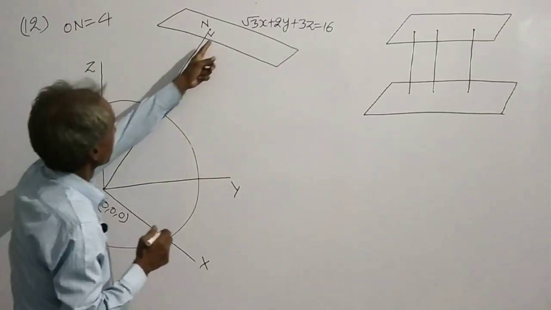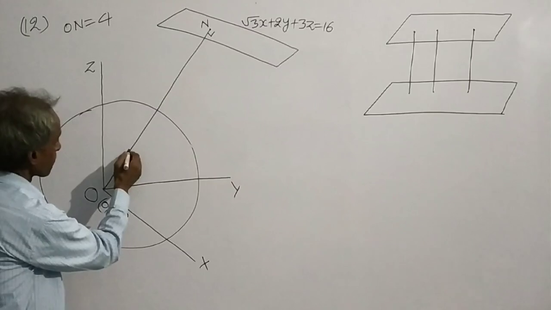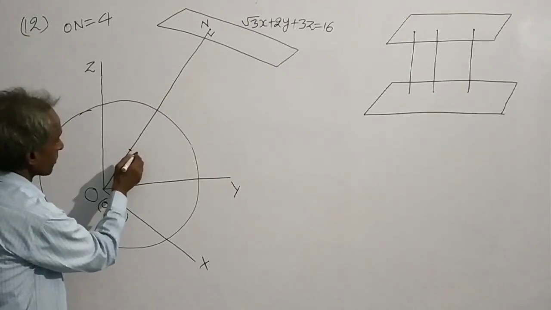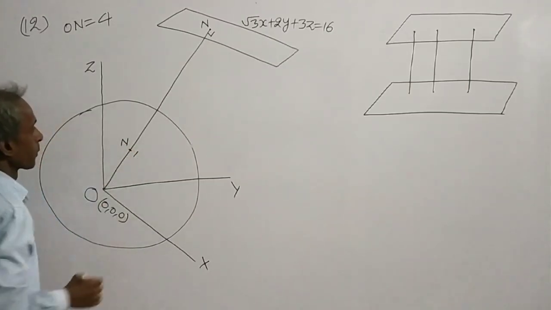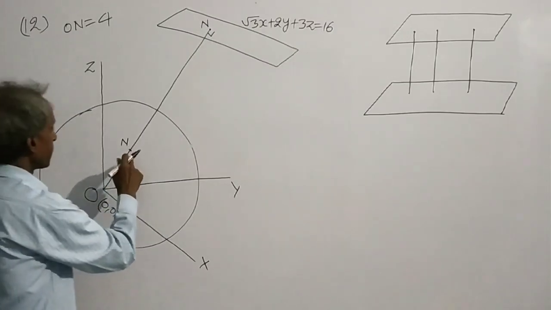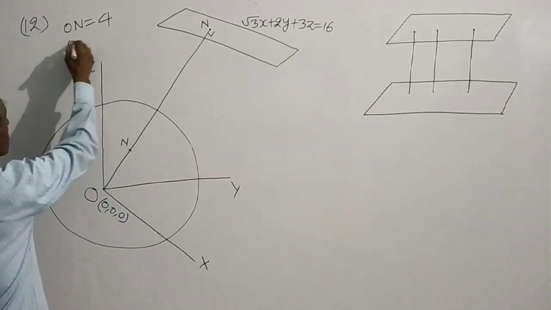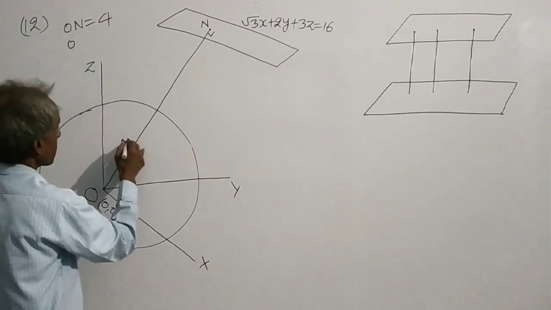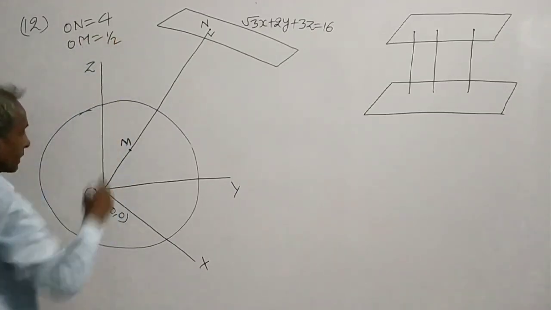Since ON is 4 units, we take a point, not N but M, such that OM is equal to half unit.